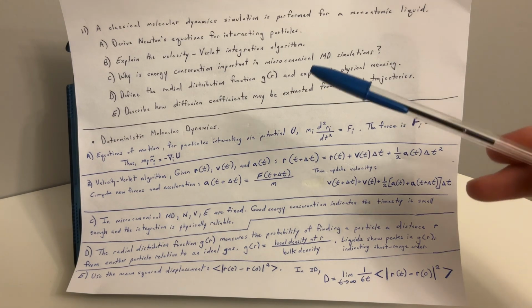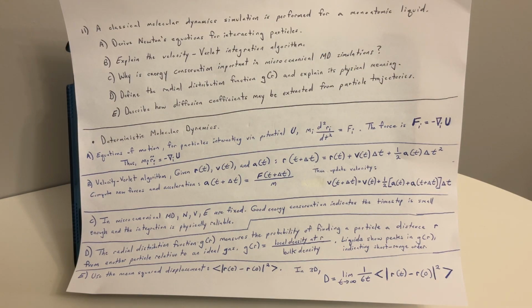And now we go to letter C. Why is energy conservation important in microcanonical MD simulations? Here in microcanonical MD, N, V, and E are fixed. Good energy conservation indicates the time step is small enough and the integration is physically reliable.